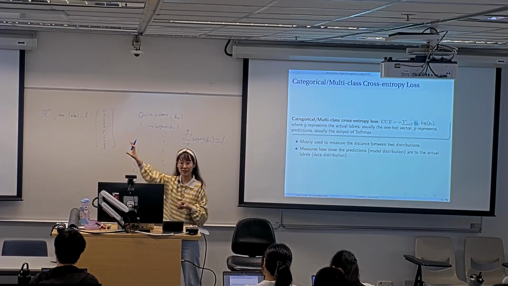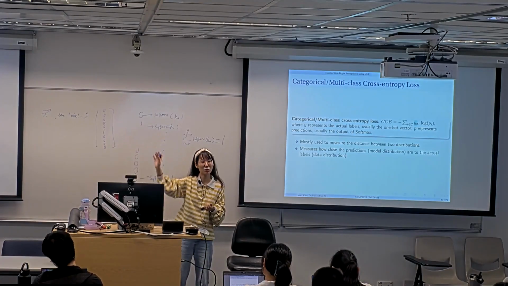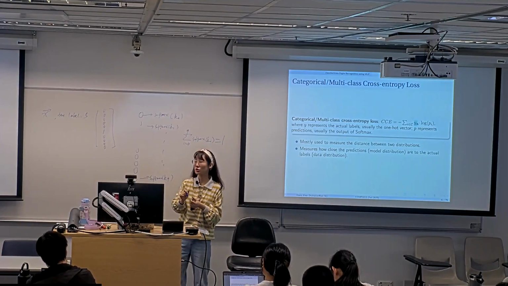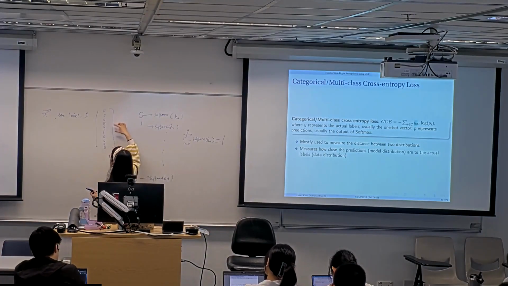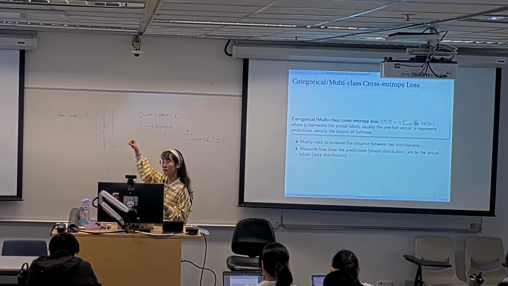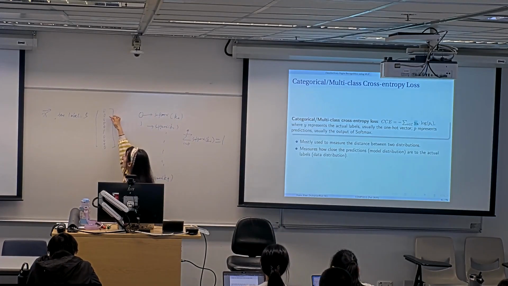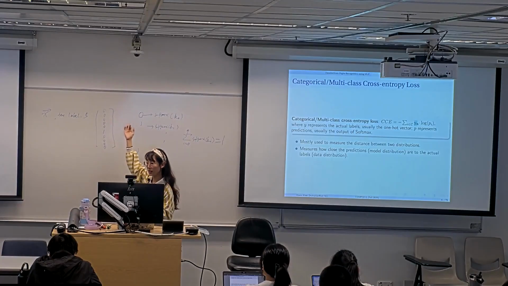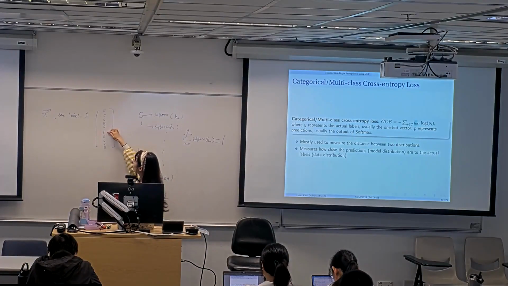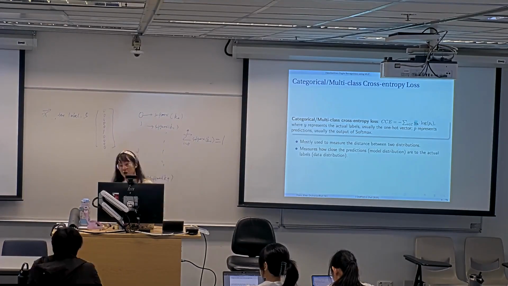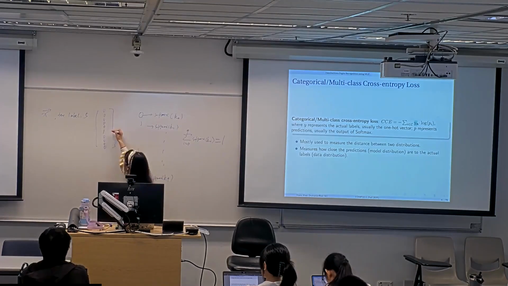And this vector has a length 10 because in total we have 10 classes. Each row here represents one class. This represents class 0, class 1, class 2. It has label 5, so class 5 has the number 1 here. This is the one-hot encoding.